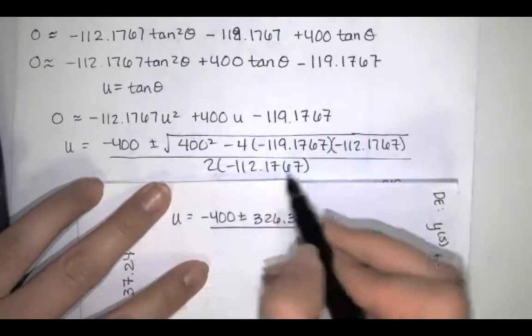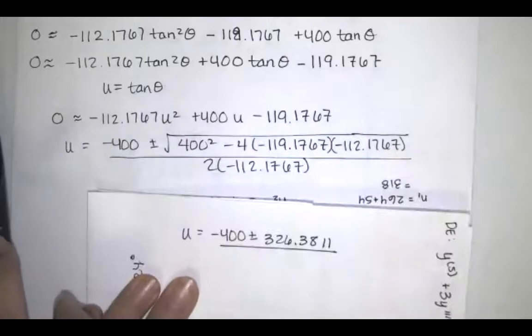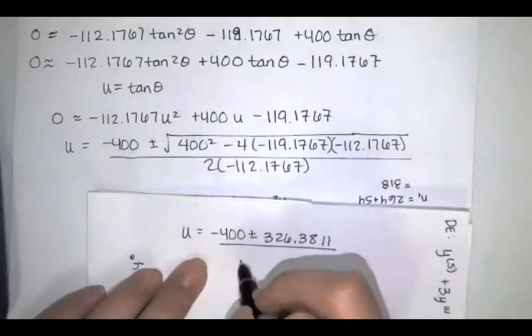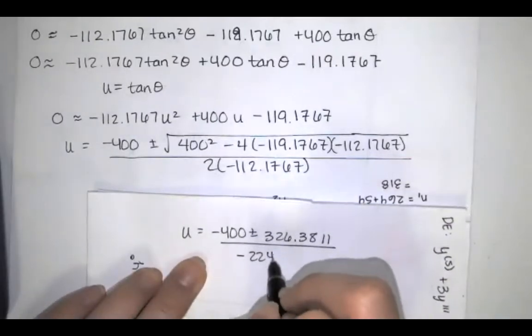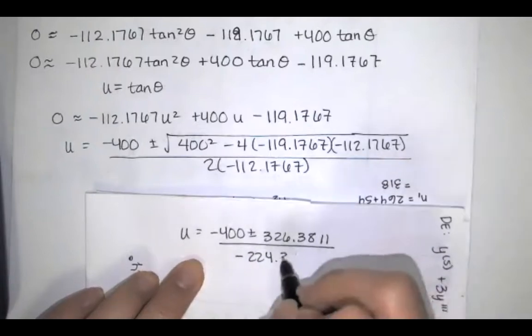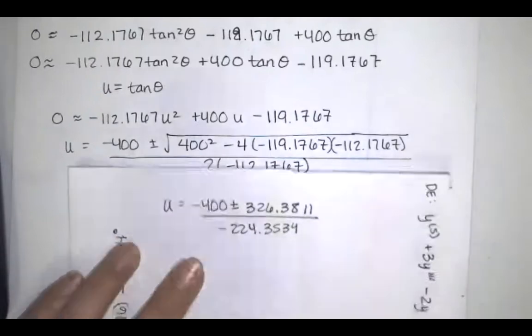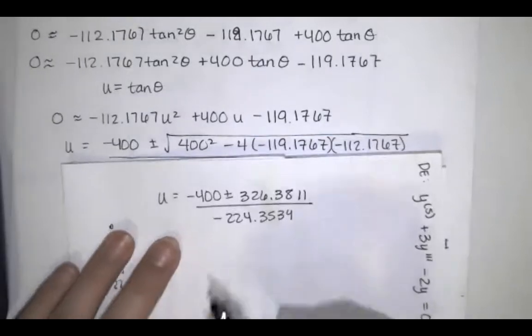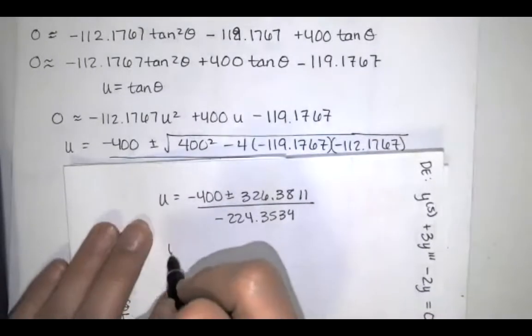And then we're dividing by this expression in the denominator, 112.1767 times 2, but it's going to be negative. So negative 224.3534 approximately.